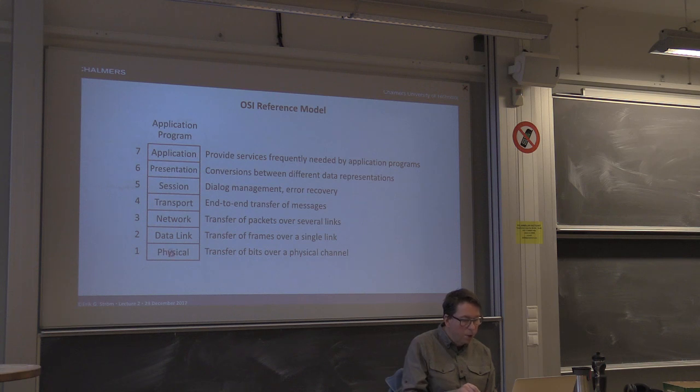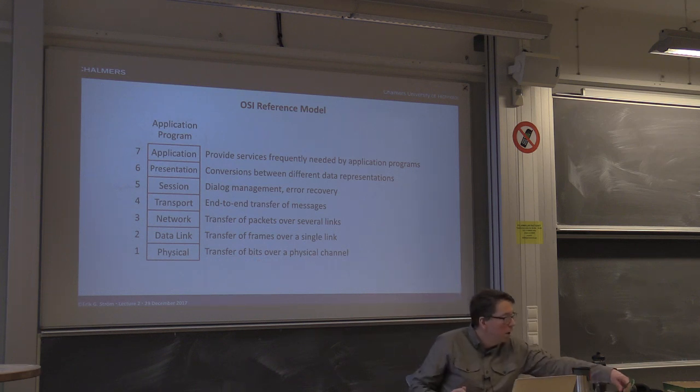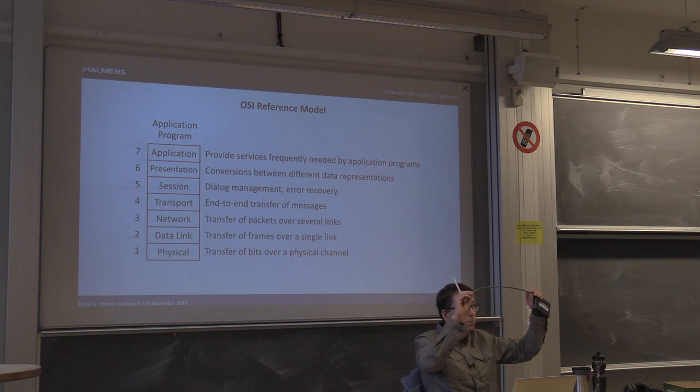So what are the purposes of these layers? Well, it's to provide services, right? If we go from the bottom, the physical layer, its service is to transfer bits over a physical channel. A physical channel could be like this, okay? So it provides the service of transferring bits over this.